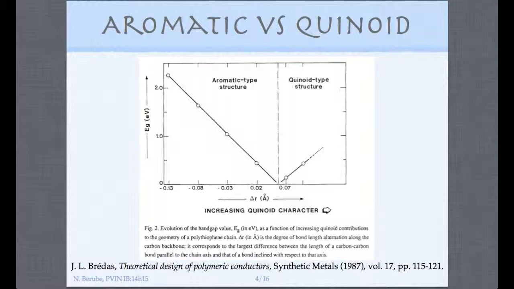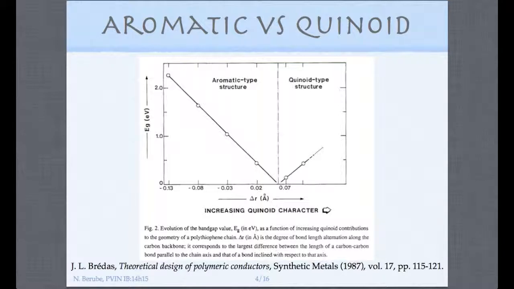What he found in his study was that for only polythiophene, he forced the structural constraint of the polymers, forced the bond length to span the whole range from aromatic to quinoid, and calculated the theoretical band gap of polythiophene. What he observed is that the low band gaps stand when the polymers are in between the aromatic and quinoid form, where all the carbon lengths are almost equal.